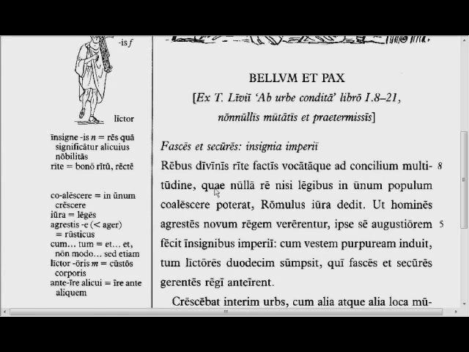This is quae referring back to multitudo, a crowd which was able to come together, coalescere, in unum populum, into one people, by nulla re, by no thing except by laws.